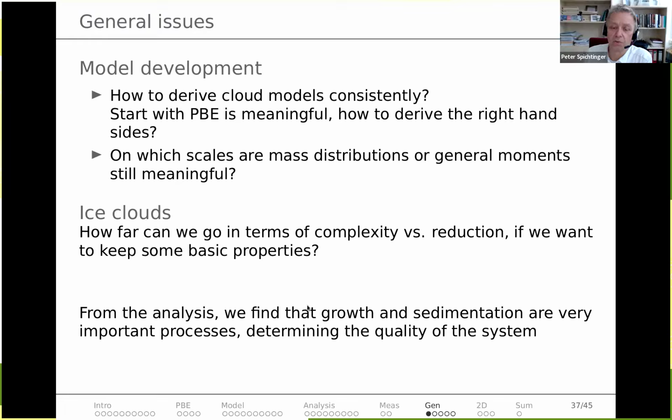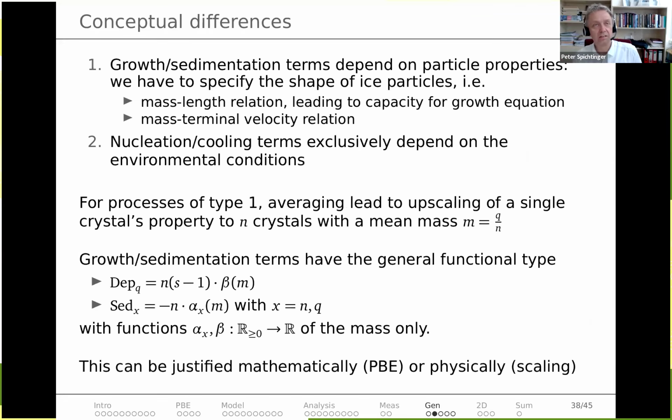So from the analysis, we usually see that the growth and the sedimentation terms are very, very important processes determining the quality of the system. And in principle, you see two conceptual things. Namely, you have these growth and sedimentation terms depending on the particle properties.